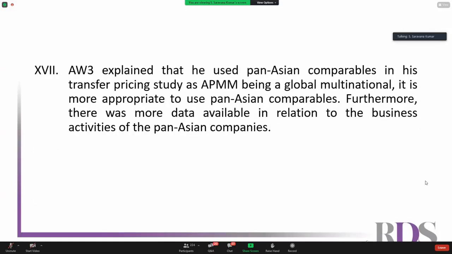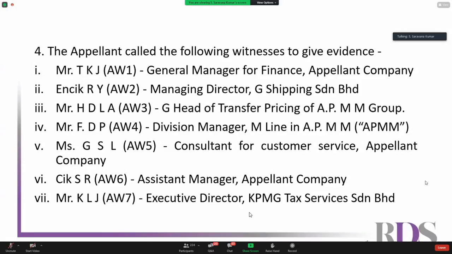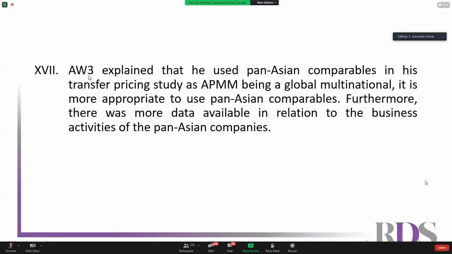So you can see from the case stated the aspects where the judge looked at the witnesses' evidence. AW3, the Danish expert, explained that he used pan-Asian comparables to do his TP study because, being a multinational, they have to use pan-global, pan-Asia comparables.